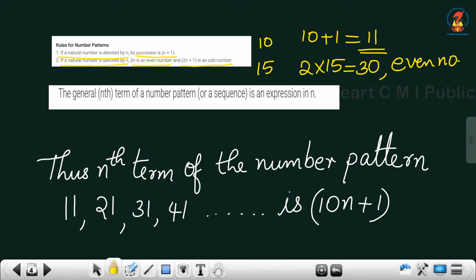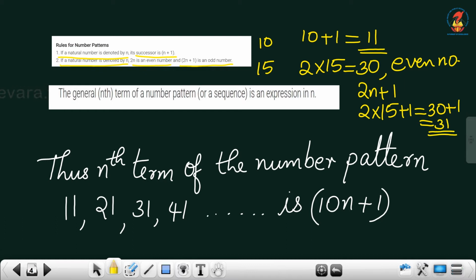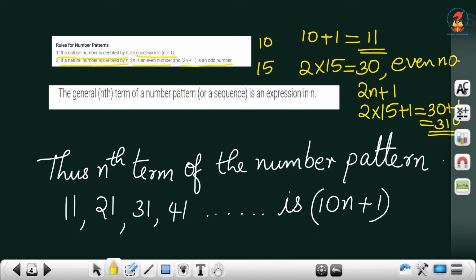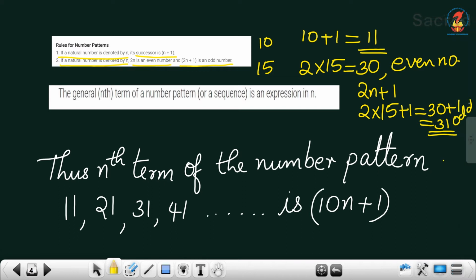Okay, and what about the next one? 2n plus 1. 2n plus 1 means what? 2 into 15 plus 1, our n is 15 here. So what answer will you get? 30 plus 1 is equal to 31, and it's an odd number.